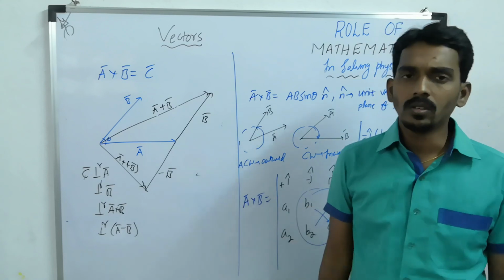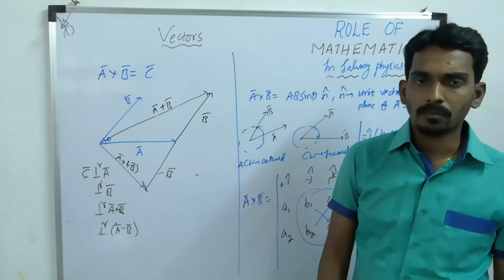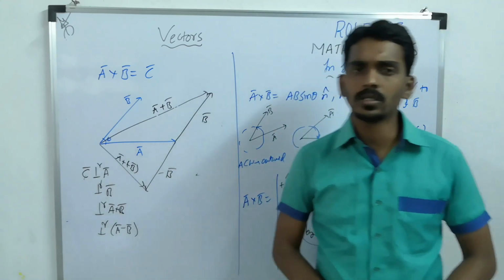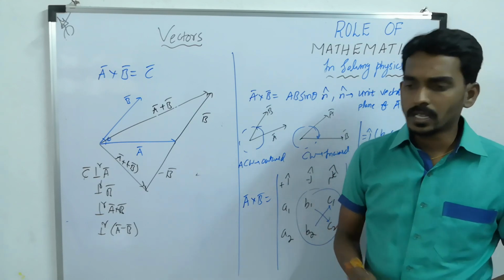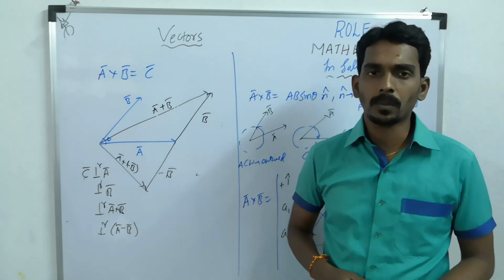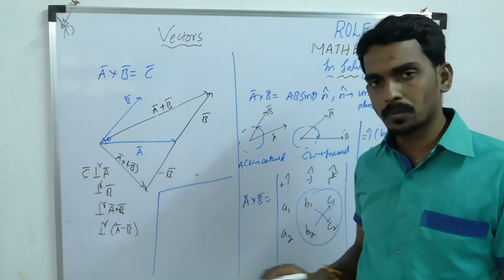So this is how you will use vectors in mathematical physics. Use these concepts of resolution, addition and product of vectors. Subtraction is nothing but addition, please remember. I didn't explain subtraction as a separate thing because here is a simple way.